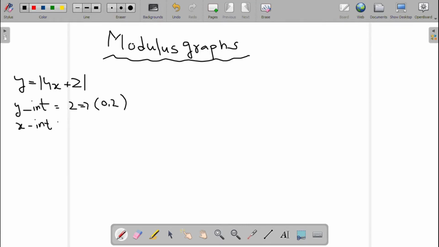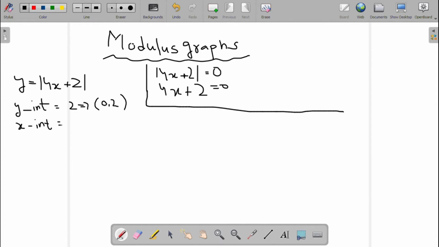Now we need to look at the x intercept. When finding the x intercept, we put y equals 0. So mod of 4x plus 2 equals 0. Remove the mod sign, so 4x plus 2 equals 0.